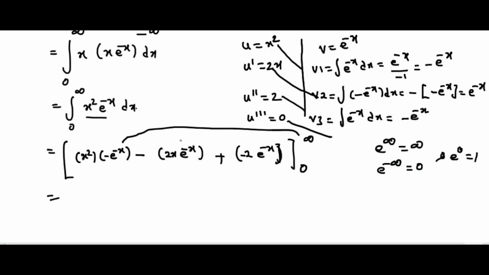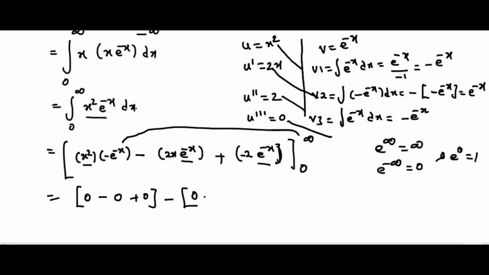If we substitute x equal to infinity, e power minus infinity is 0. Coming to the second one, if we substitute here, you get 0. Therefore, the upper limit will be 0. Minus. Coming to the lower limit, substitute x equal to 0: e power 0 is 1. But if we substitute here, you get 0.